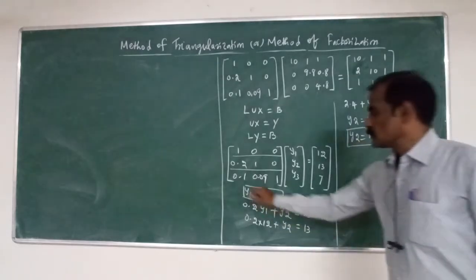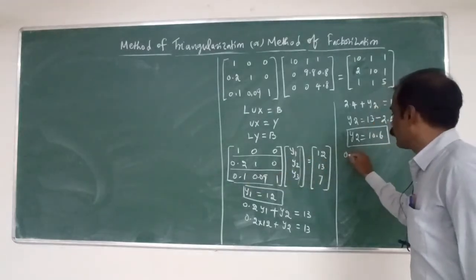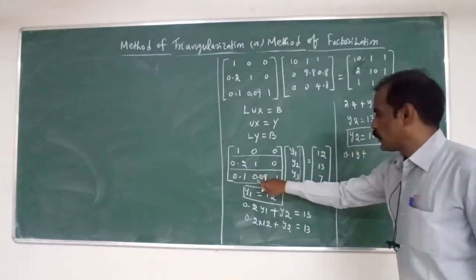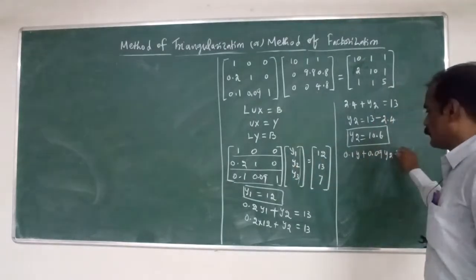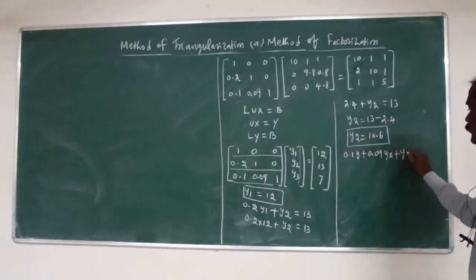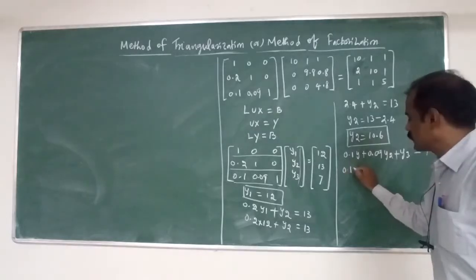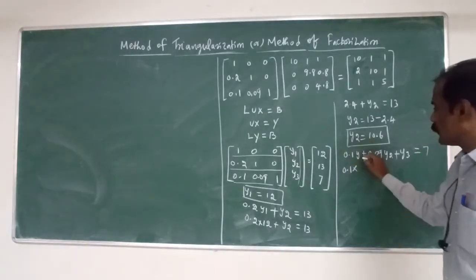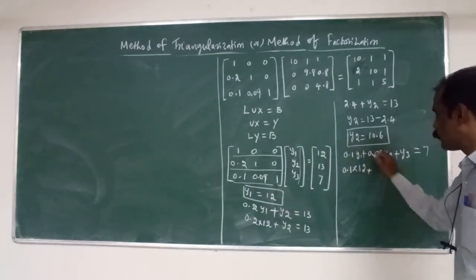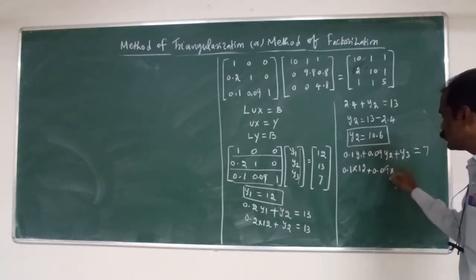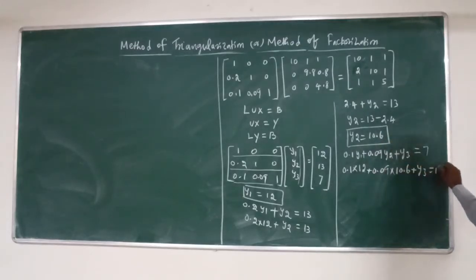Next, take row 3 and the column: 0.1 Y1 plus 0.09 Y2 plus Y3 equal to 7. Next, 0.1 into the Y1 value 12 plus 0.09 into the Y2 value 10.6 plus Y3 equal to 7.